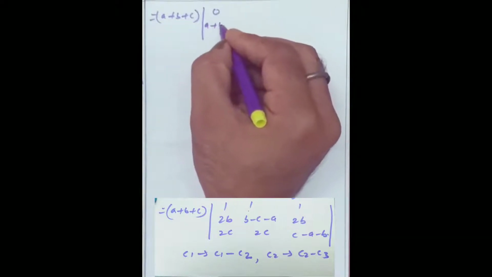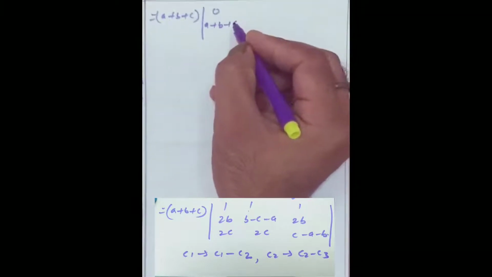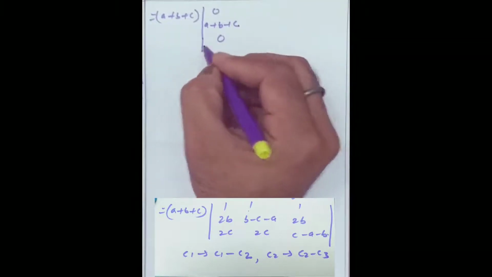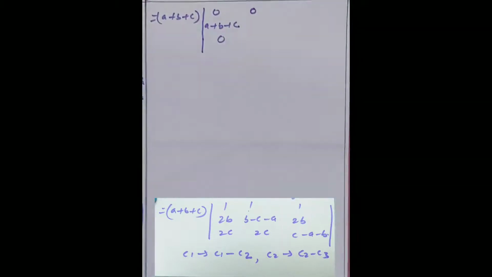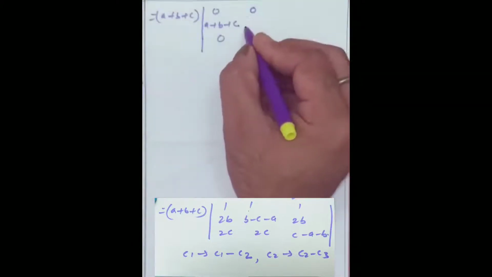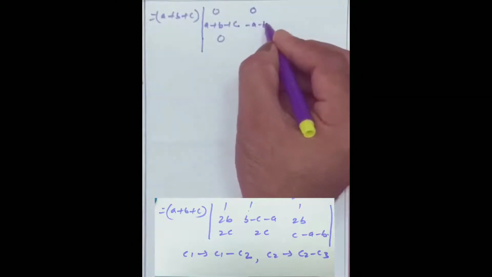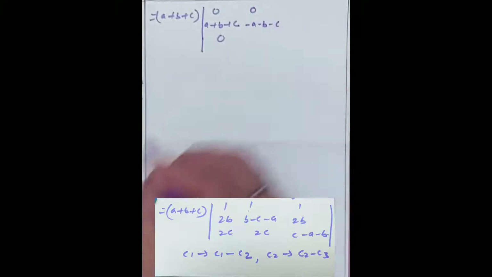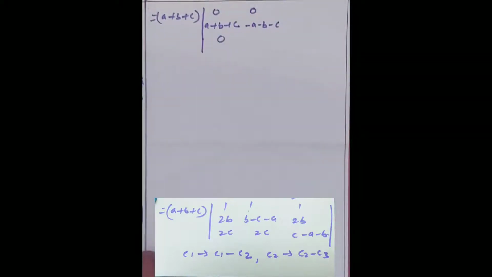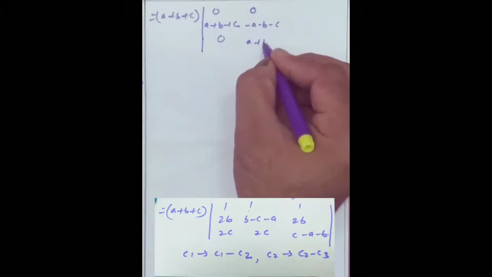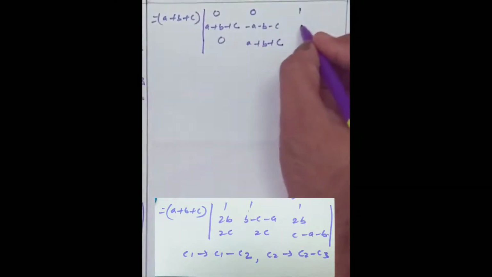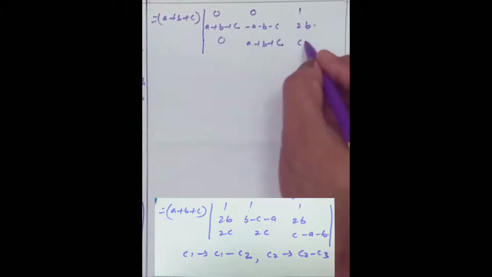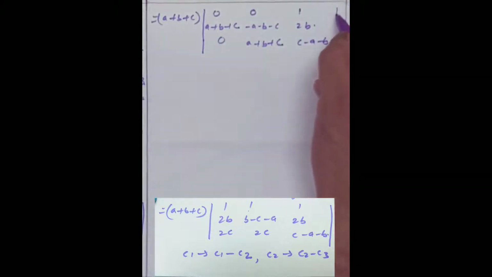So a plus b plus c will remain here. 2c minus 2c will become 0 over there, and then 1 minus 1 again 0 in this case, and minus 2b plus b will become minus a minus b minus c, and 2c minus c and then minus b, this will become a plus b plus c there, and the last column is 1, 2b and c minus a minus b.